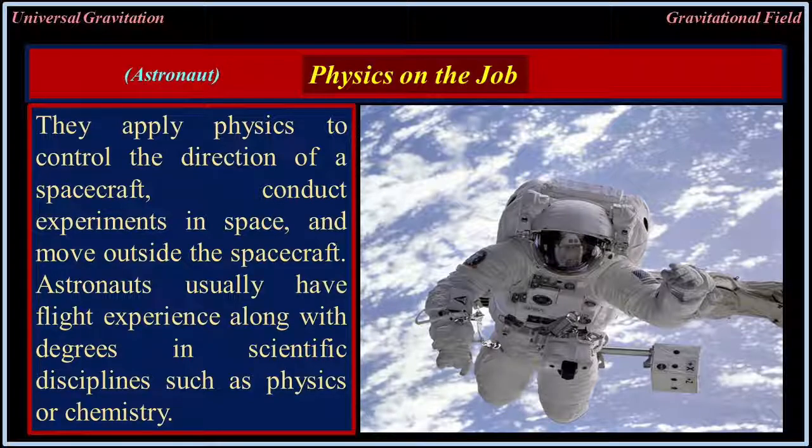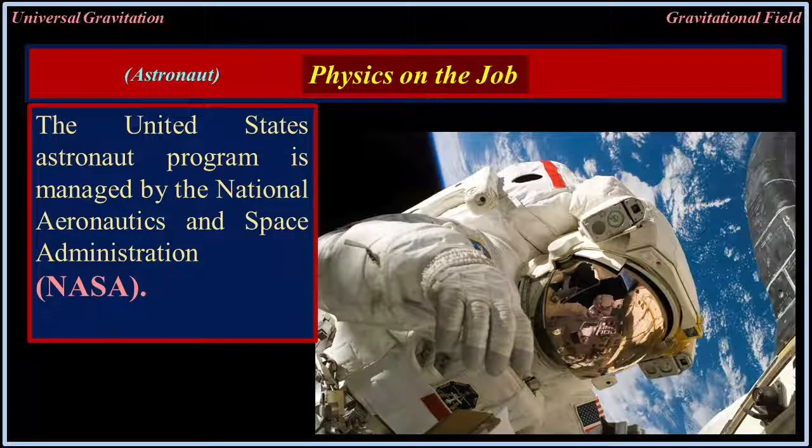You'll see that the gravity on the space station is actually not terribly different from what it is on Earth, but they are in free fall. They still have gravity, but they don't have the support force. The United States astronaut program is managed by the National Aeronautics and Space Administration, called NASA.